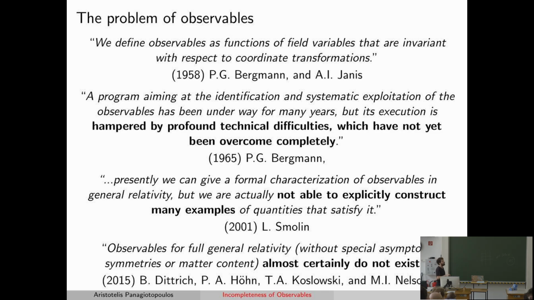For example, in 2001, there is a quote from Sparling that we can give a formal characterization of observables in general relativity, which was the previous slide, but we actually cannot find explicit examples. We are not able to explicitly construct examples of such quantities. And there is a little more dramatic take on this later on, that observables for full general relativity without special asymptotic symmetries or matter content almost certainly do not exist. Me being a set theorist, "do not exist" is a very strong qualification.